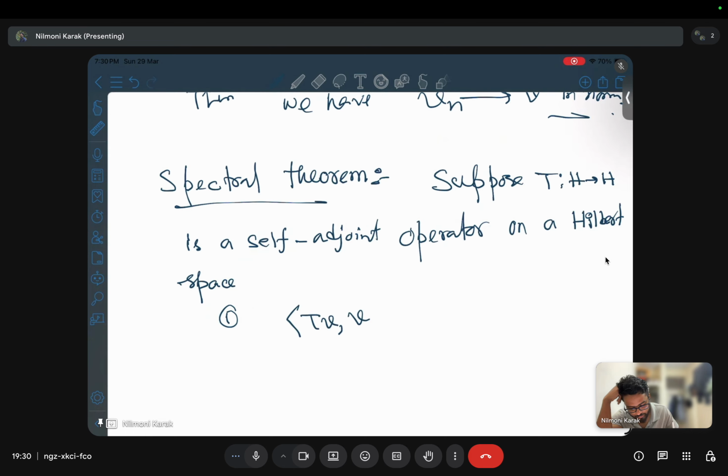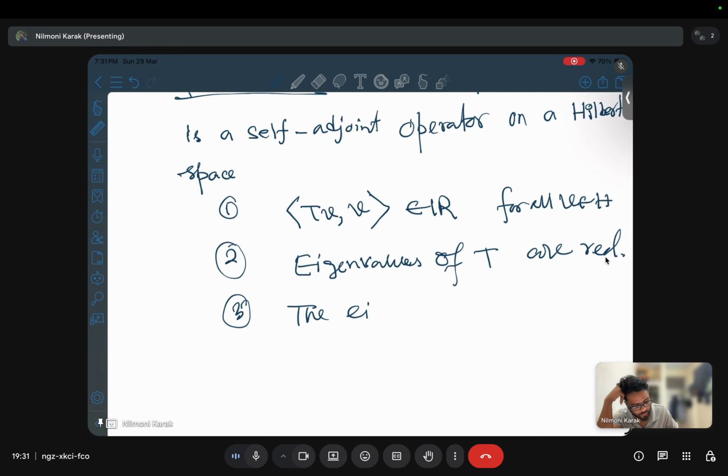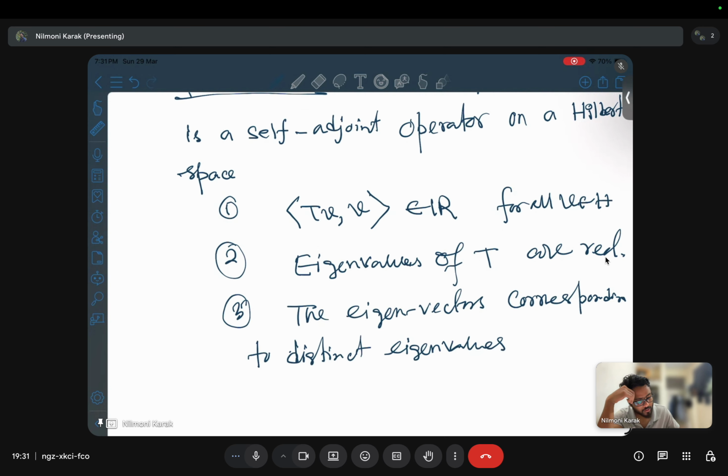First, the inner product of Tv with v is real for all v belonging to H. And second, eigenvalues of T are real, of course if they exist, and the eigenvectors corresponding to distinct eigenvalues are mutually perpendicular.